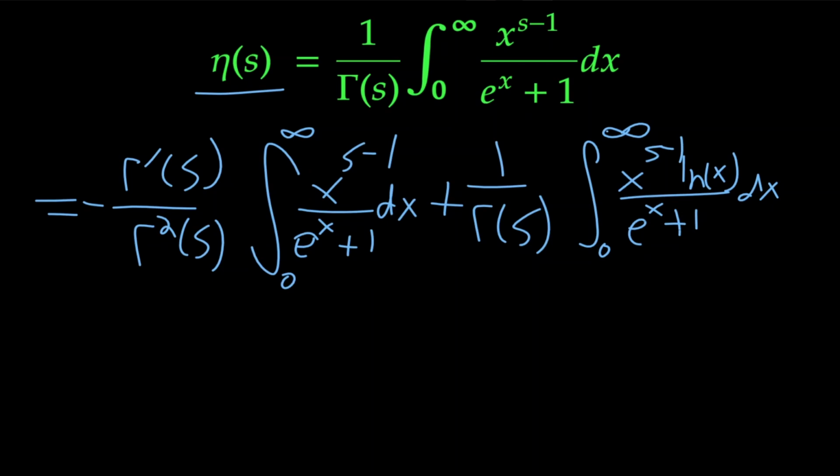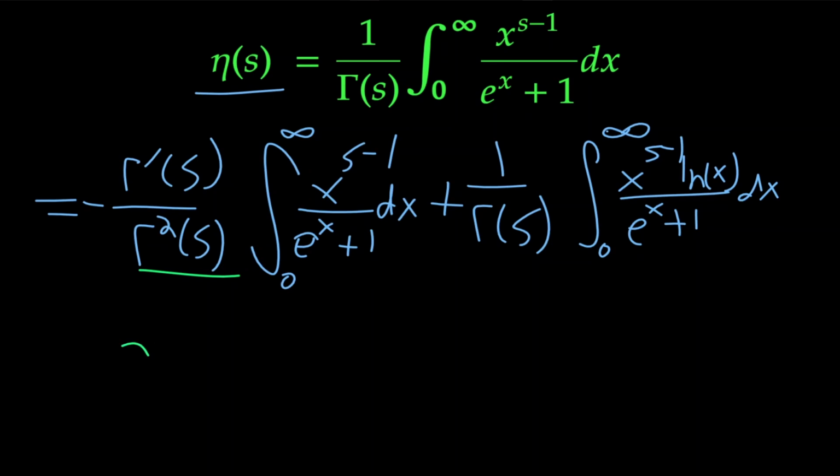Now taking the limit, or really just plugging in s equals 1 here, we find that a lot of these things just go to 1. So in this first term right here, we plug in s equals 1, right? The denominator is just going to be 1. So we just have minus gamma prime of 1, but that's just defined to be the negative Euler-Mascheroni constant.